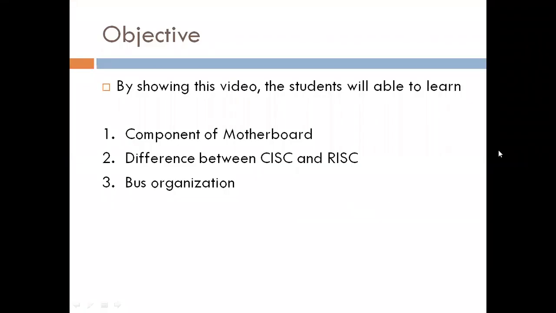The objectives are, by watching this video, the student will be able to learn the basic components of motherboard, the difference between CISC and RISC, and bus organization.